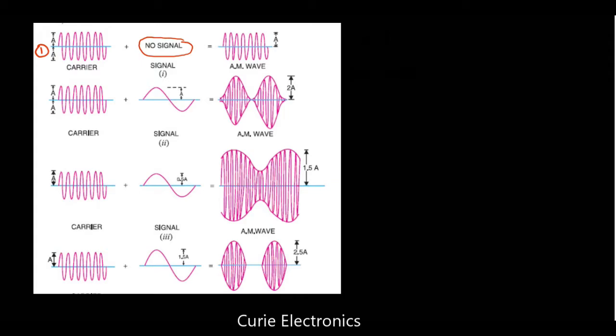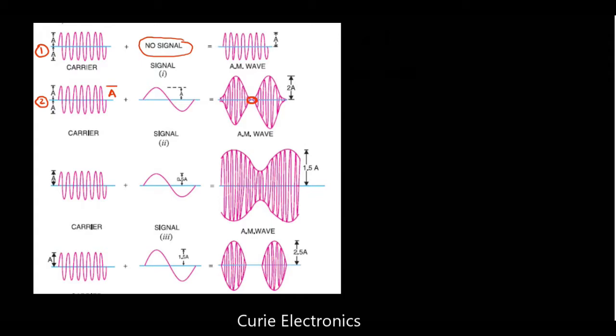Now in the second case, the carrier amplitude is equal to A, right? Now we are adding this carrier with a message signal, and the message signal amplitude is also A. Now we see the waveform. This is not the proper waveform. Why? During the negative cycle, the AM output is touching 0 volt.